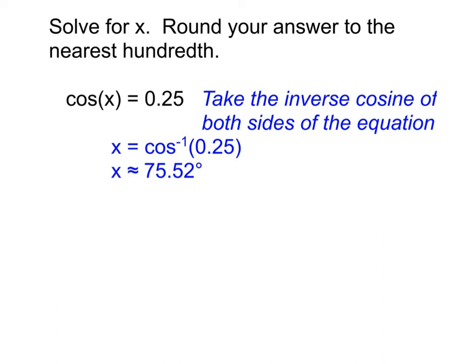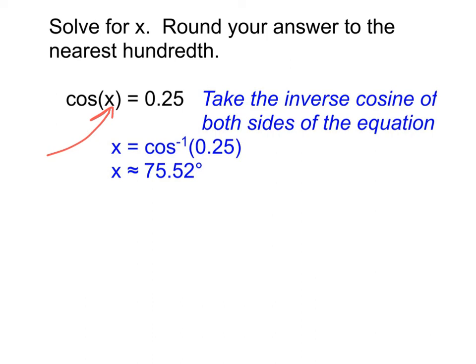75.52. Now I get to get detail-y on you. Notice that this answer is 75.52 degrees. When we do an inverse cosine, it's telling us an angle, because whenever we do sine, cosine, and tangent, whatever we plug in there has to be an angle measure.